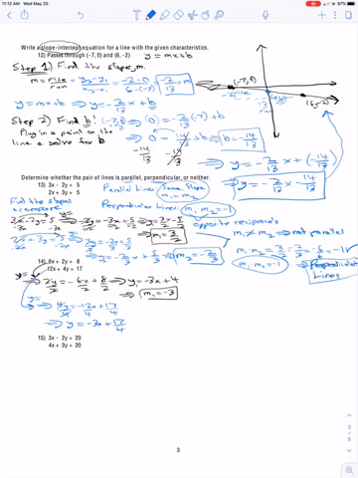So with line 2, y2, there's our slope, the coefficient of x, negative 3. m2 is negative 3. So as we compare these slopes, m1 equals m2, that implies parallel. So we have two lines that would never intersect.